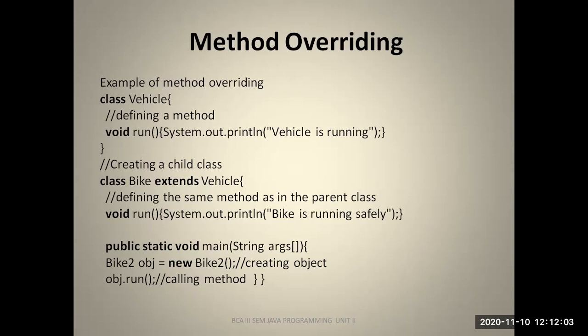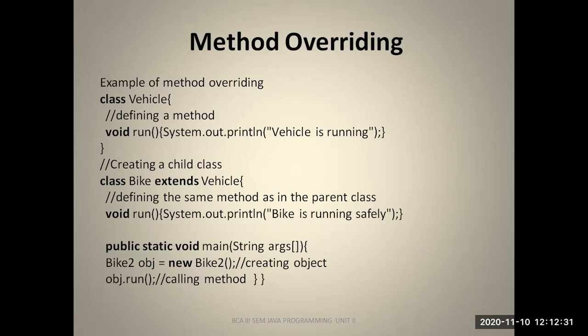The first run method, which is part of the parent class, displays "Vehicle is running." The run method which is part of the subclass displays "Bike is running safely." So these are the two methods. The signature is the same, method names are the same, return types are also the same, but the definitions may be different.